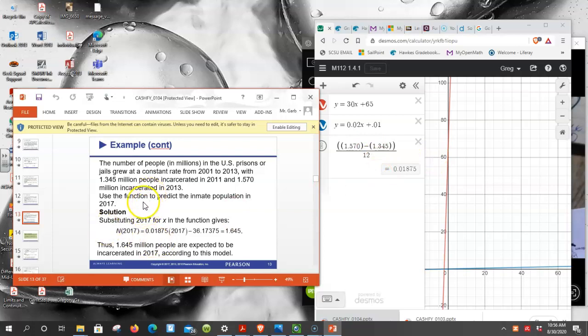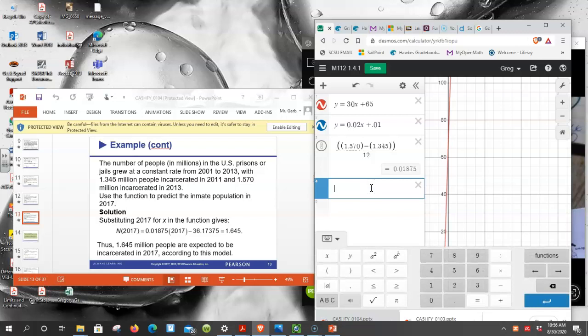What do they want to know? They want to use this function to predict the inmate population in 2017. So if we know the rate of change, we can write the equation. We could say y equals the rate of change, the slope, 0.01875. Now, x stands for the number of years since 2001.